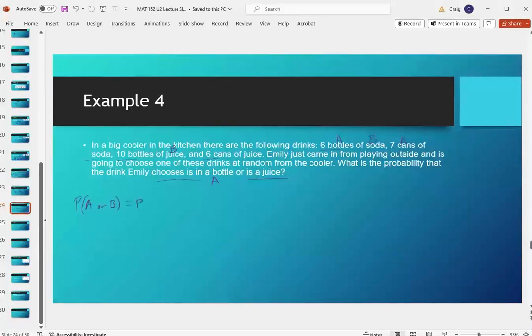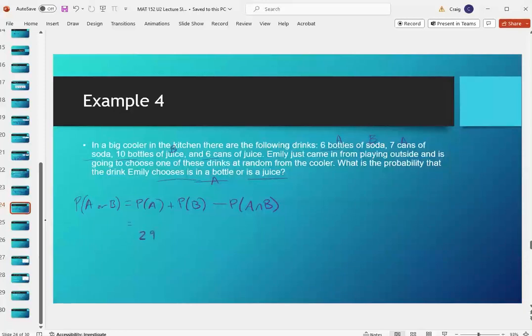The probability of A, again, I'm just going to write this formula because it helps you to remember the last part. The probability of choosing a bottle: the total is 6, 7, that's 13, 23, 29.